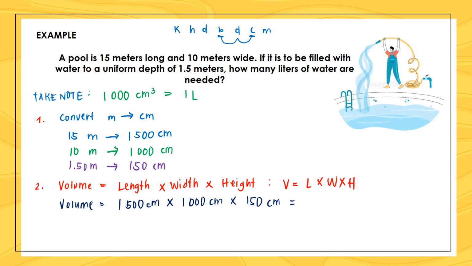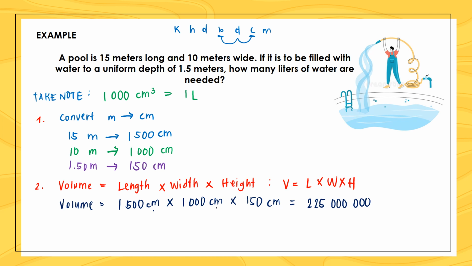Inputting this in your calculator, 1,500 times 1,000 times 150, you will have 225 million. This is thousands, and this is million. Million what? Centimeter times centimeter times centimeter.